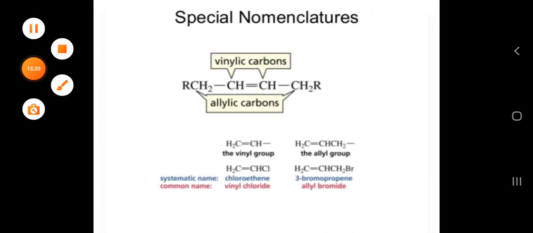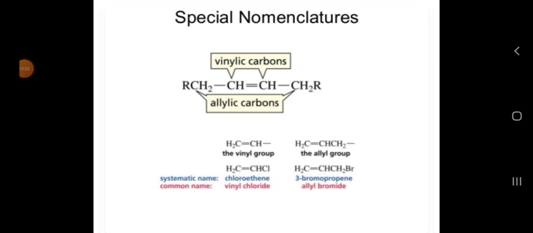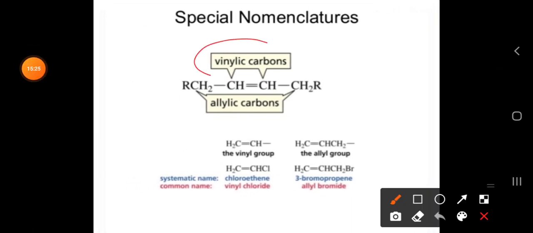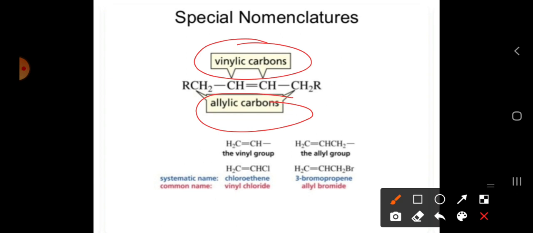Now special nomenclature we are going to have, that is vinylic carbons and allylic carbons. So vinylic is nothing but the group present here. Vinyl means CH2 double bond CH.